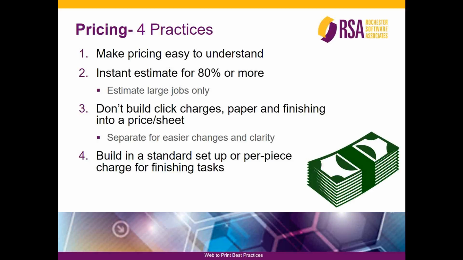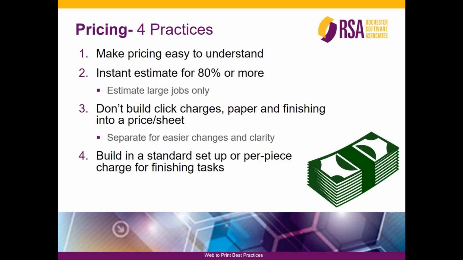So we recommend that you separate the paper and the finishing and the click charges so that you can build up that cost as needed, so that when your costs change, and they always do, you can make the change to paper and not have to go recalculate everything, because it'll be separated out and then just built as it needs to.